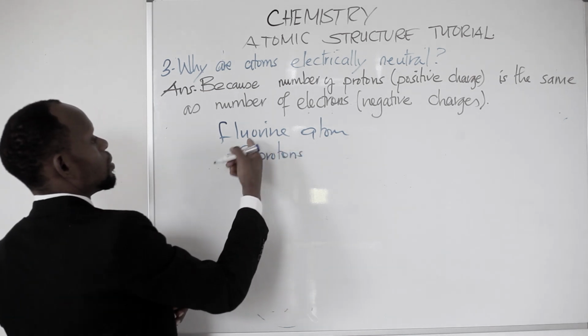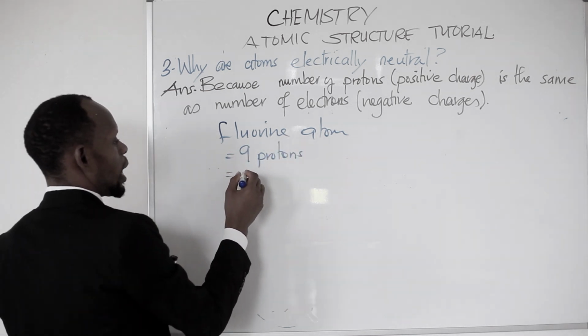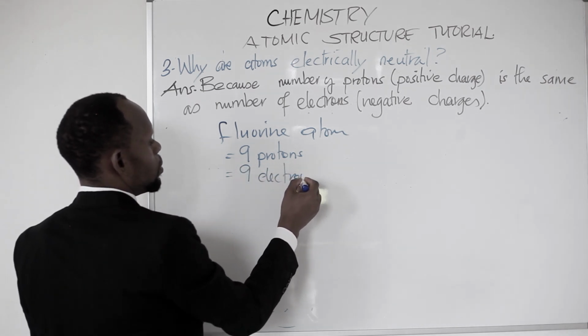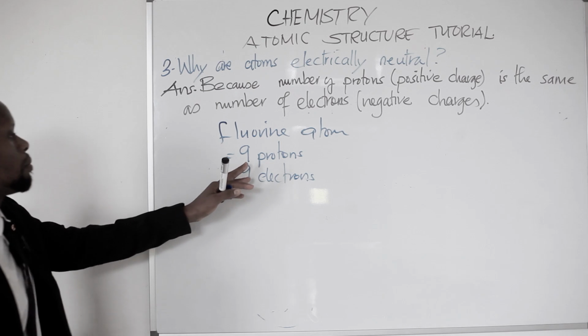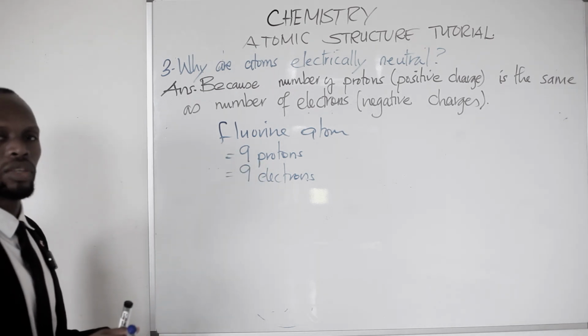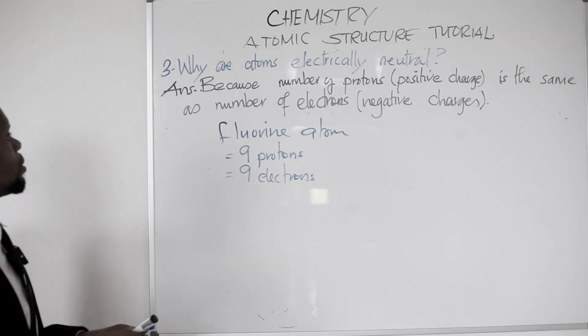So if it is neutral, the number of electrons is also 9. If it has 9 protons and 9 electrons, they cancel each other and the charge remains 0, or neutral.